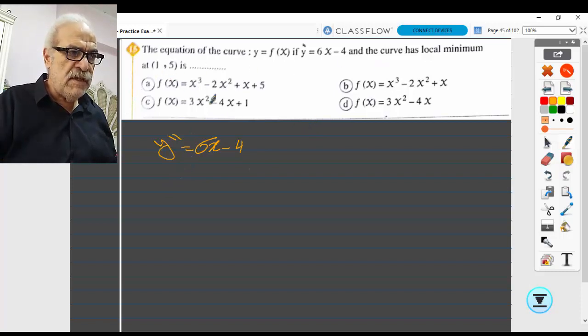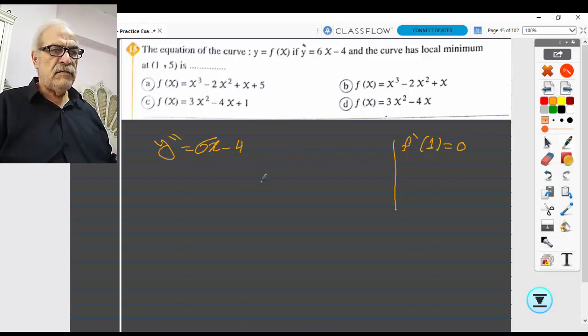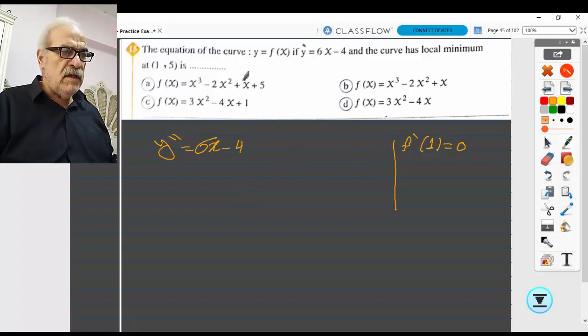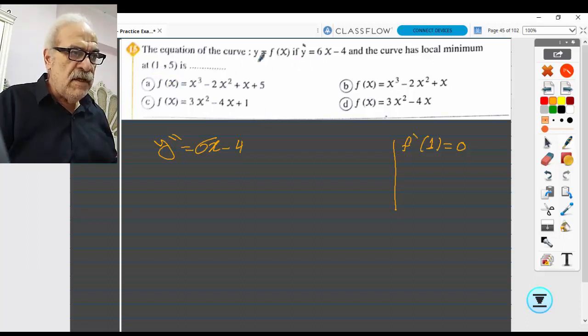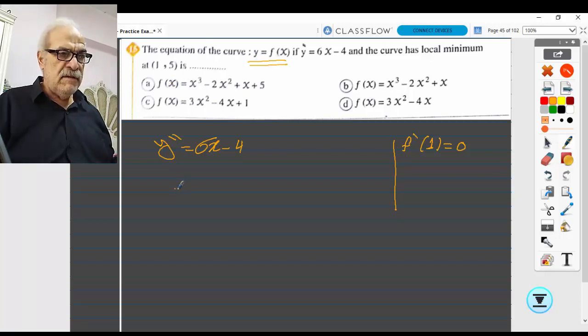What is the meaning of this statement? That means f dash of 1 equals 0. And also the curve of this function passes through the point (1, 5). Okay? The requirement here is to find f of x.